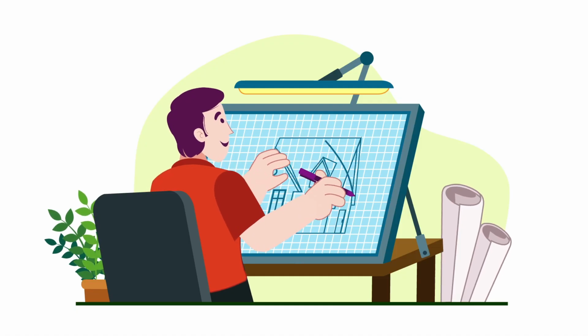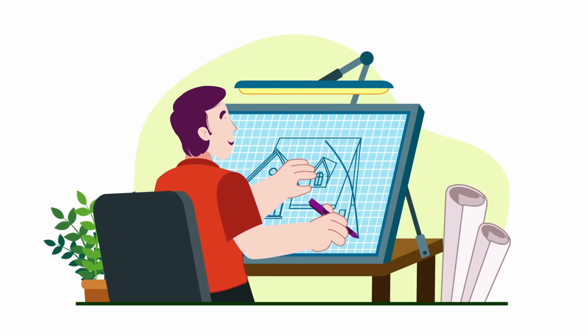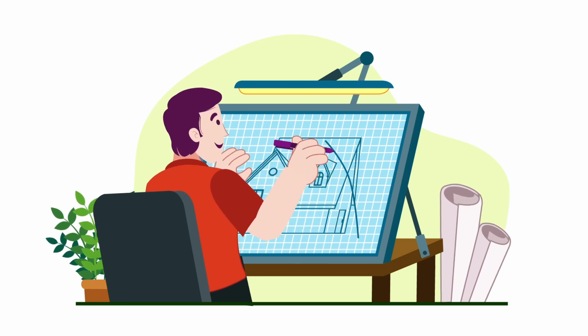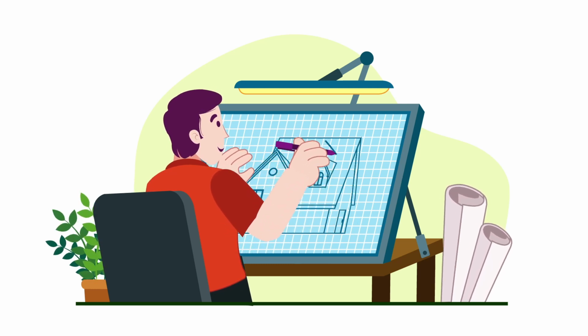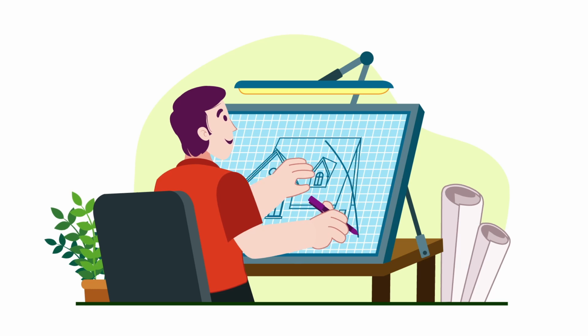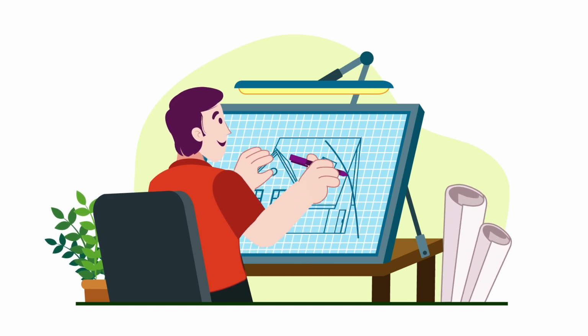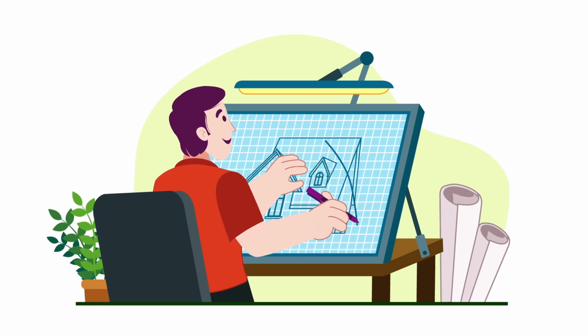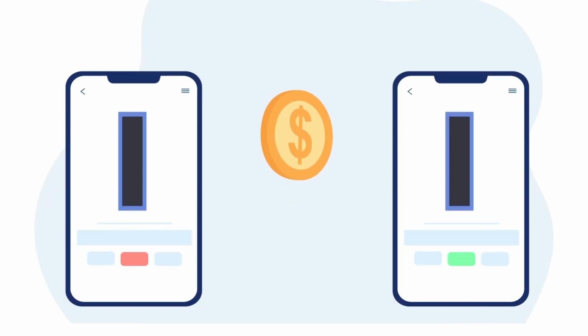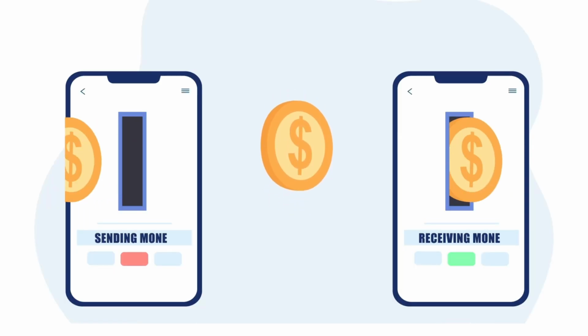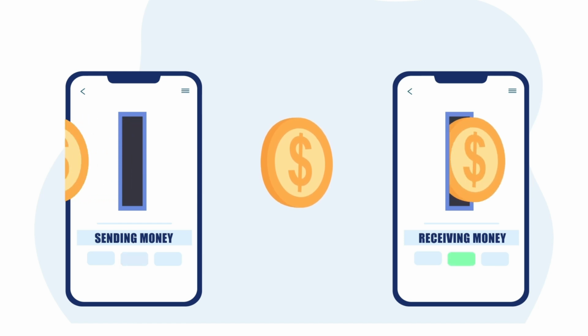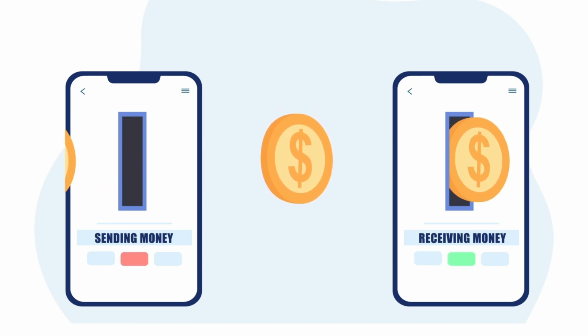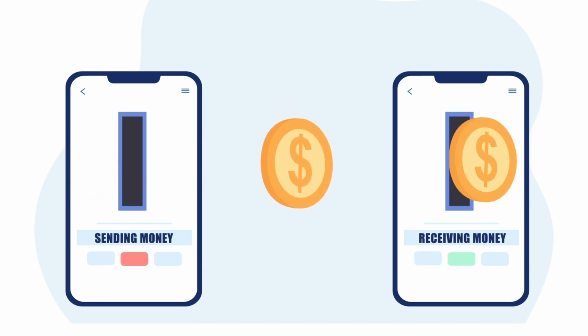Now, in this case, if the architect is hired by the owner, the architect will review the payments before the owner can approve that payment. Or the architect has the authority from the owner to approve the payment. In the end, it's always the owner who makes that final payment.